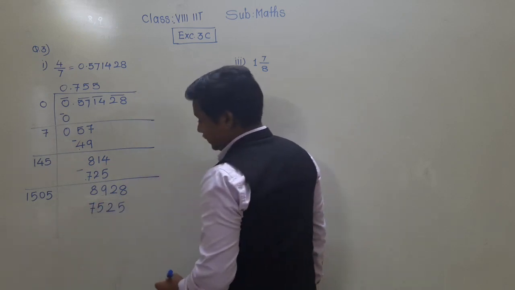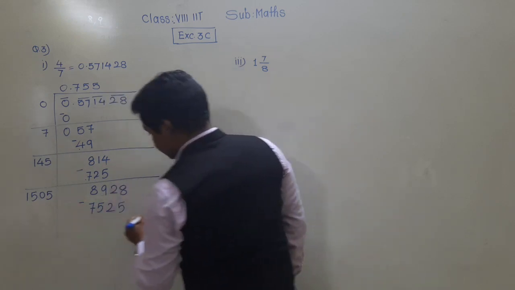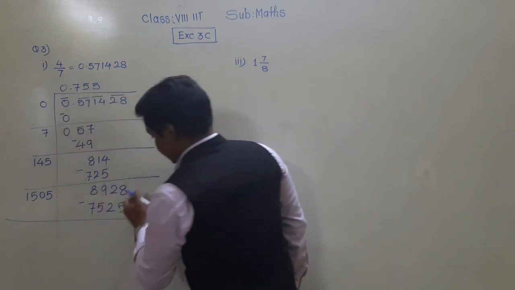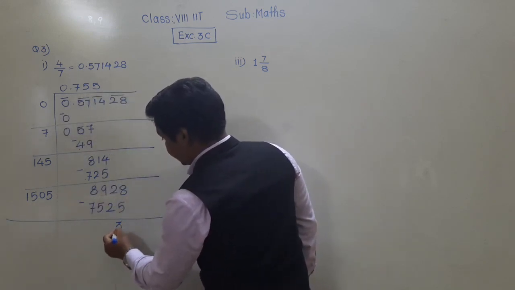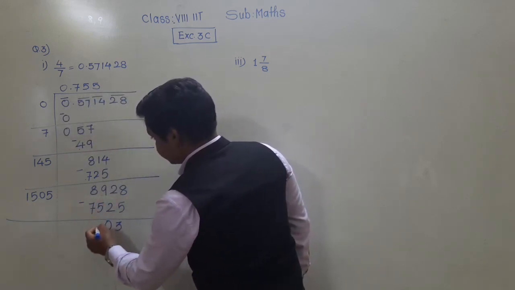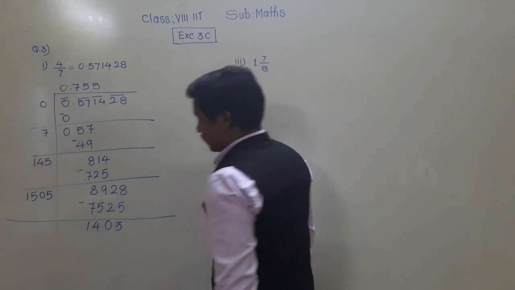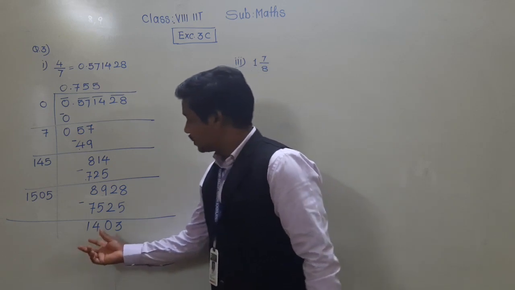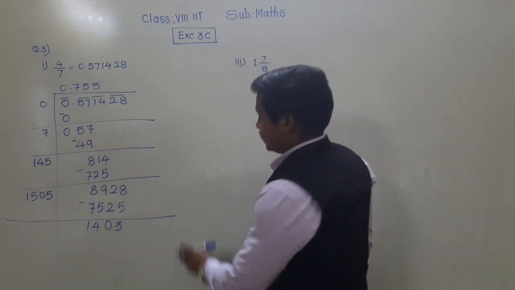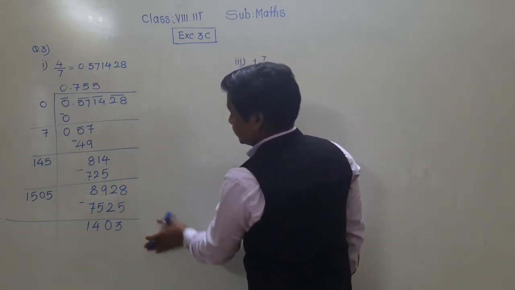Yes, we are getting it. Minus: 8 minus 5, 3, 2 minus 2, 0, 9 minus 5 is 4, and 8 minus 7, 1. 1403. So our 3 decimal places are over.